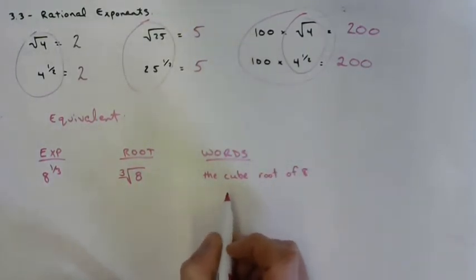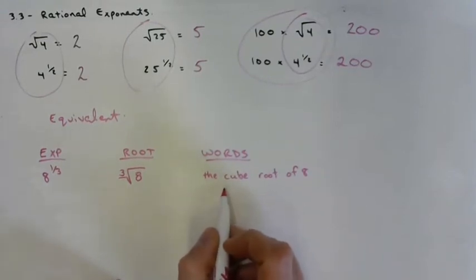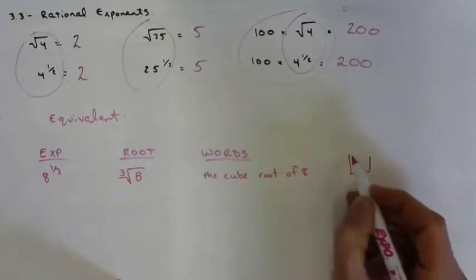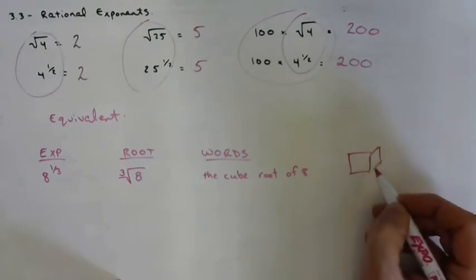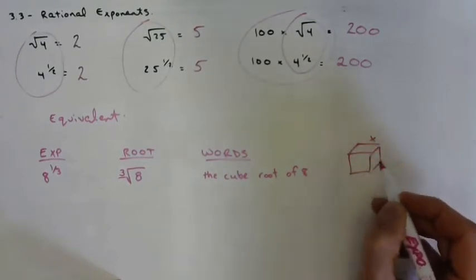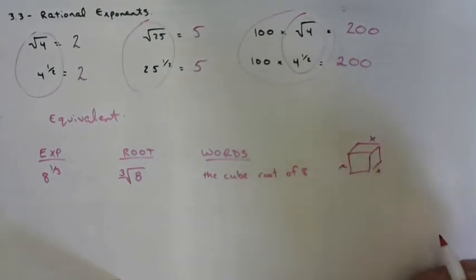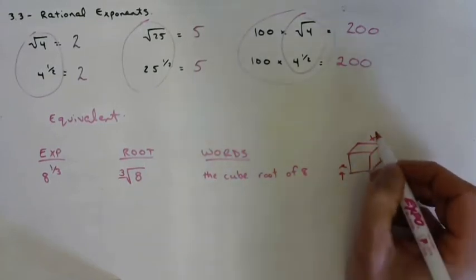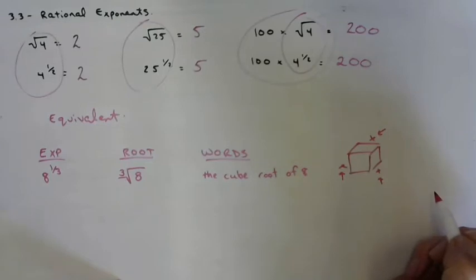What that really means, cube means there's going to be 3 factors, right? If you think about the volume of a cube, it's length times width times height, except on a cube, all the sides and height are exactly the same. They're all x, x, and x. So cube just means you have 3 factors that are exactly the same.